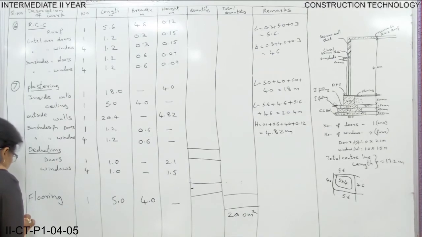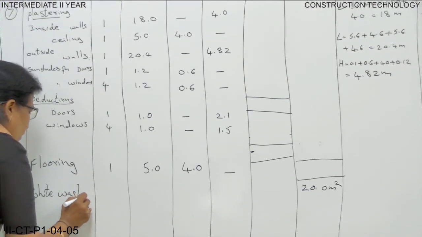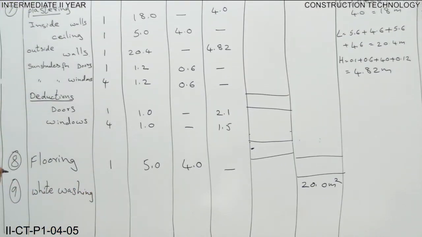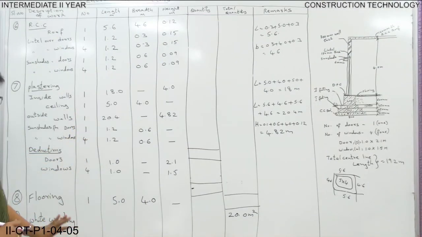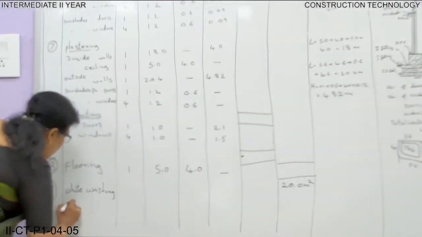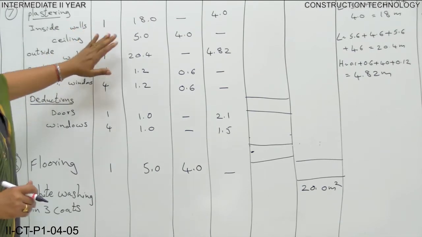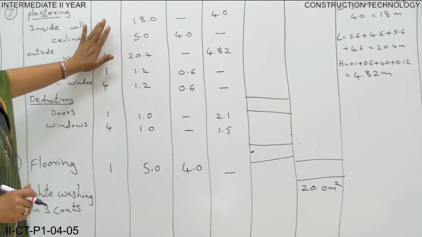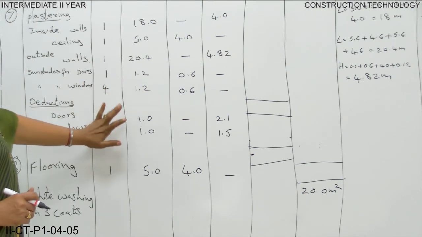Now next is coming to the whitewashing, which is the last. Whitewashing: same, wherever you are doing plastering, there you will be doing whitewashing. Sometimes including primer, you will be doing 3 coats of whitewashing. So you will be doing whitewashing for inside walls, ceiling, outside walls, sunshade and everything.